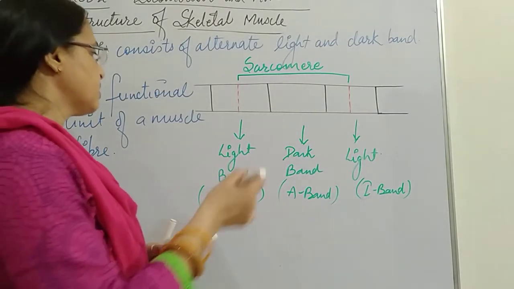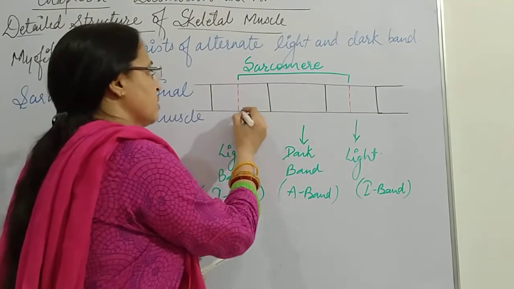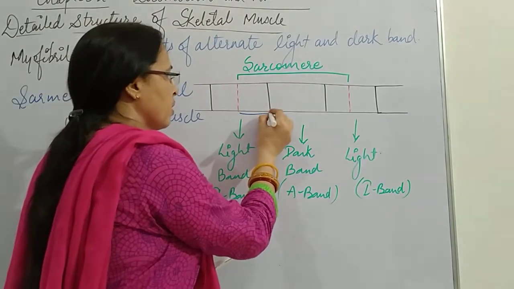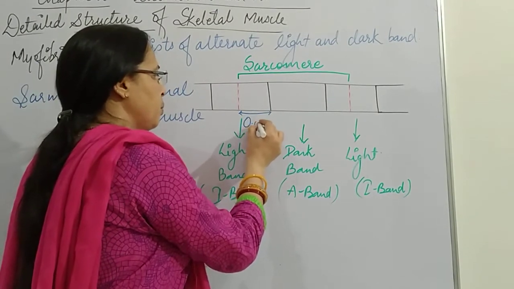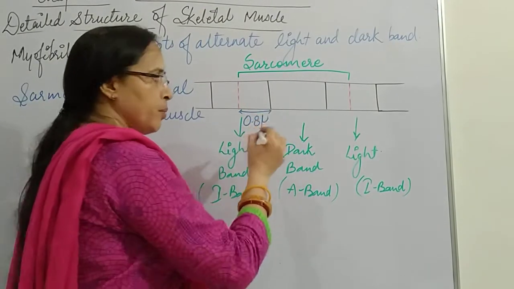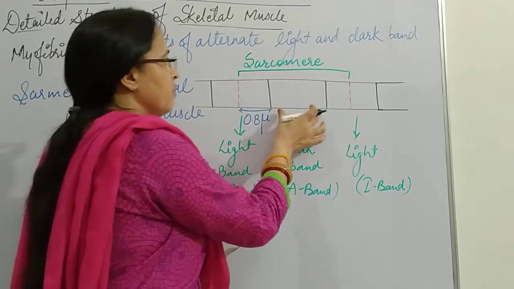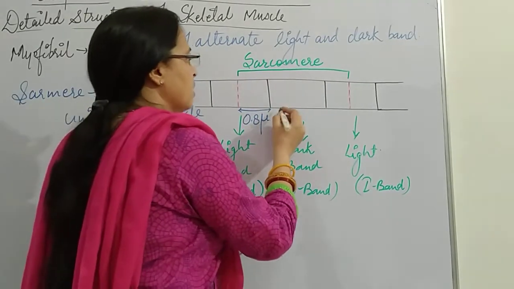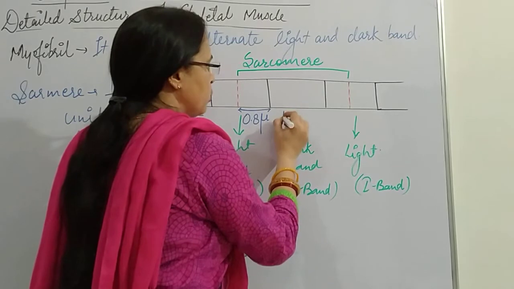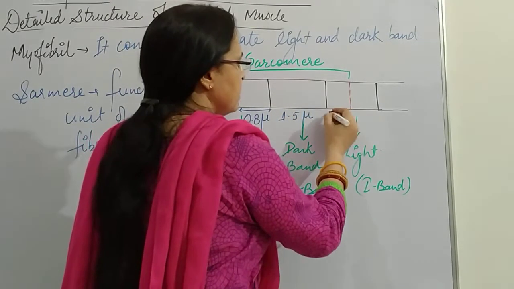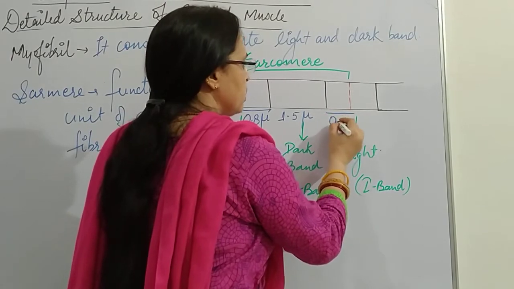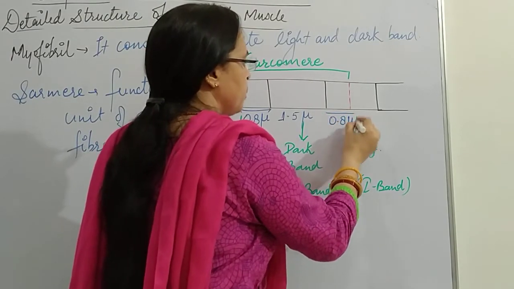Now see here, this half light band measures about 0.8 micron. The complete dark band measures about 1.5 micron, and this again measures about 0.8 micron.